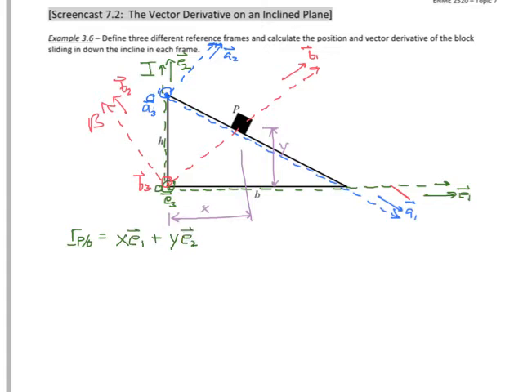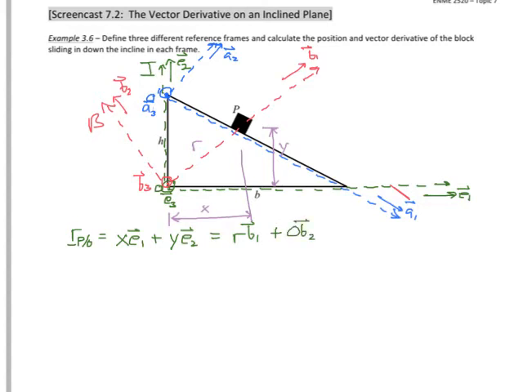Now if we write this in terms of our b basis, we have the b1 vector, which is always pointing from o to p no matter what. And so we need to have a distance, and that can be r, just as if we're using polar coordinates. Then the position vector of p with respect to o is r in the b1 direction plus 0 in the b2 direction.